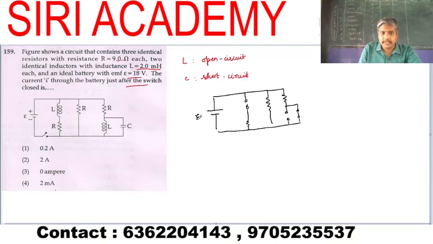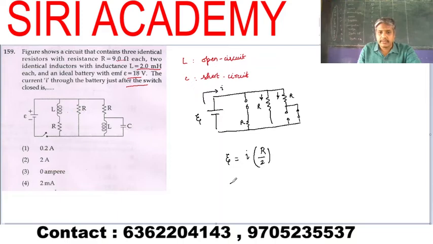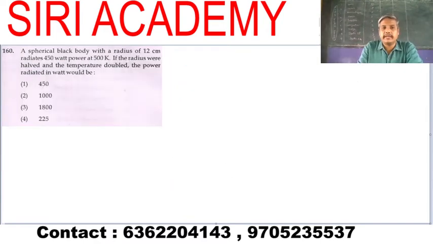So this is E, this is R, and this is R. Soon after the switch is closed, current I flows through these two resistors. So the equivalent resistance is R by 2 as they are connected in parallel. I into R by 2 gives you the E. So solving this, the value of I comes out to be 4 ampere. As there is no option, there is one option from heat radiation.